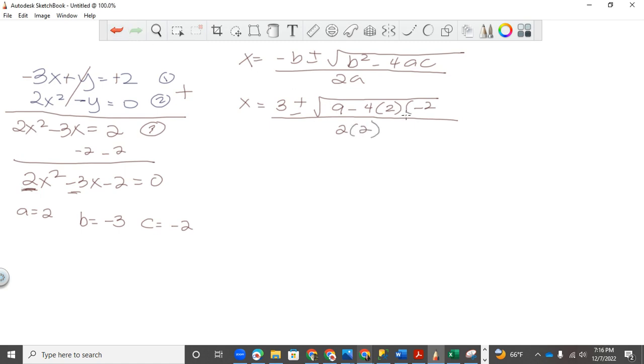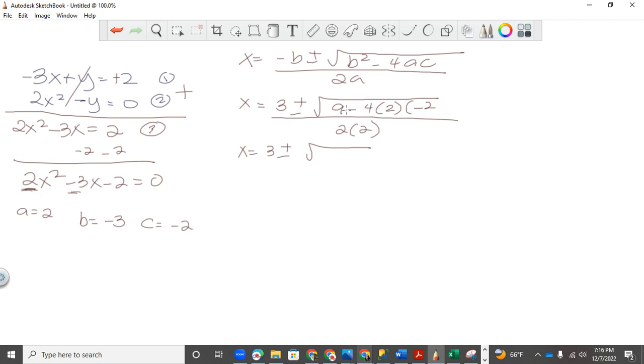Now simplifying inside the radical sign: negative 4 times 2 is negative 8, times negative 2 is positive 16.